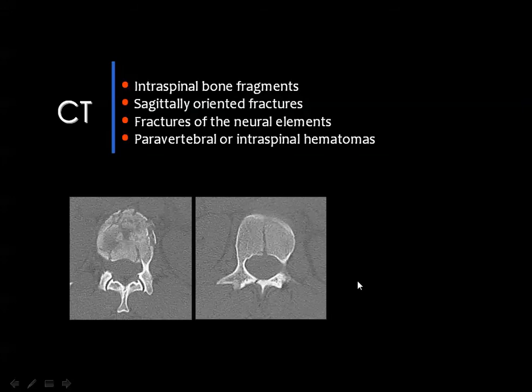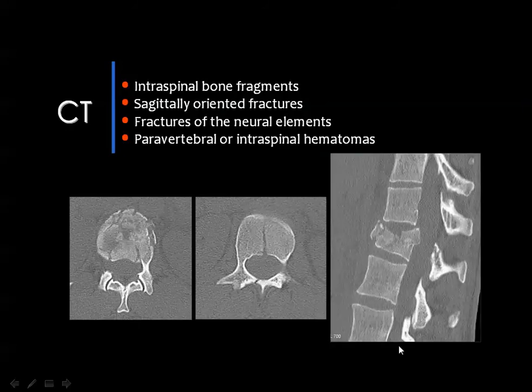Then CT is relatively more informative than the plain X-rays, especially if you have the reconstructed images, particularly in the sagittal plane. CT will show intraspinal bone fragments that usually cannot be seen by the plain X-ray.